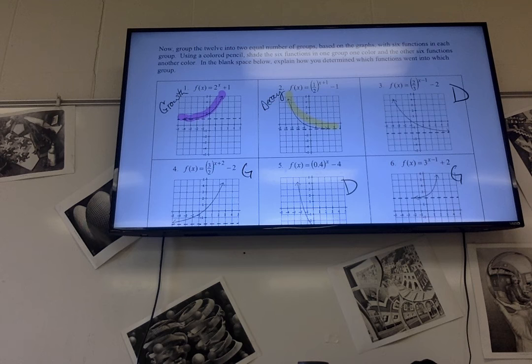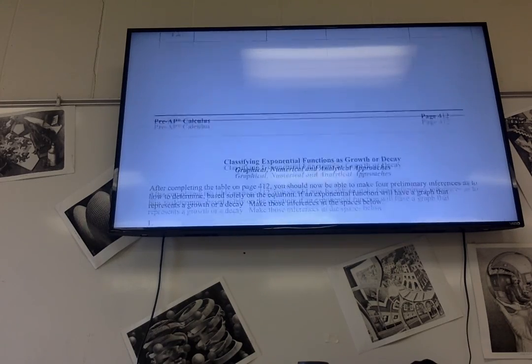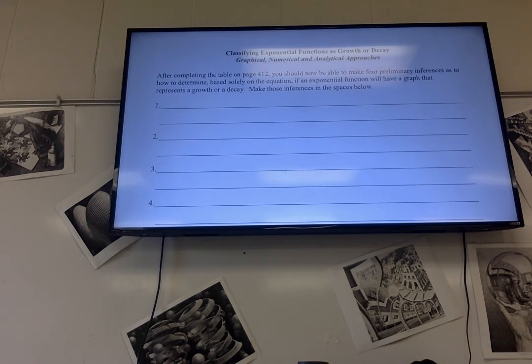One thing that we look for, and we are going to list these on page 413, by the way. That's what I mean by it's kind of a hodgepodge of these two put together. There's one. I'm not going to worry about the numbers.